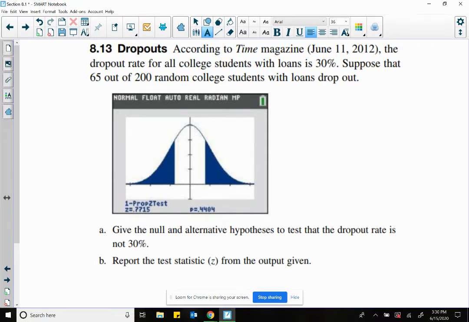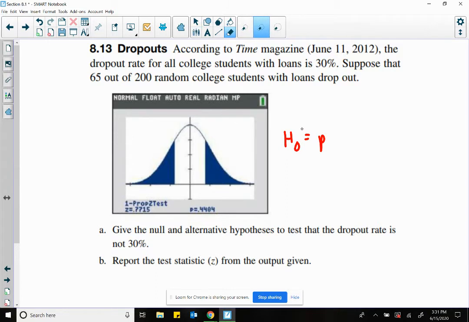So hopefully by looking at this information, that gave you a lot of information for how this is going to work for your null and your alternative hypothesis. So let's get those two pieces of information real quick. So the null, P, it says the dropout rate for all college students with loans is 30%.